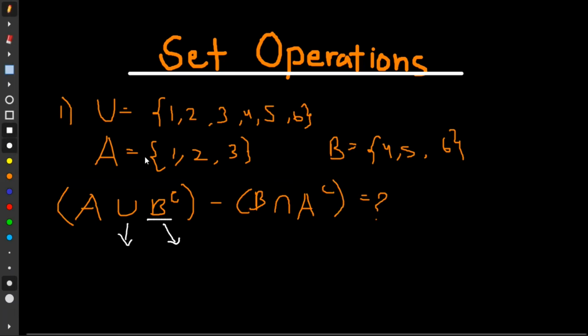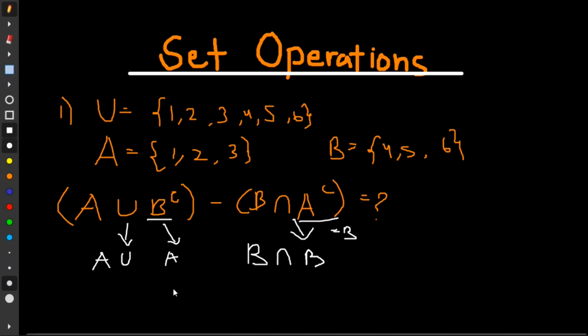B complement is simply A, because the elements that are not present in B are present in A. So this is simply A union A. And what is A complement? Similarly to the first one, A complement is simply B, because it does not contain 4, 5, and 6. So this one is simply B intersection B.